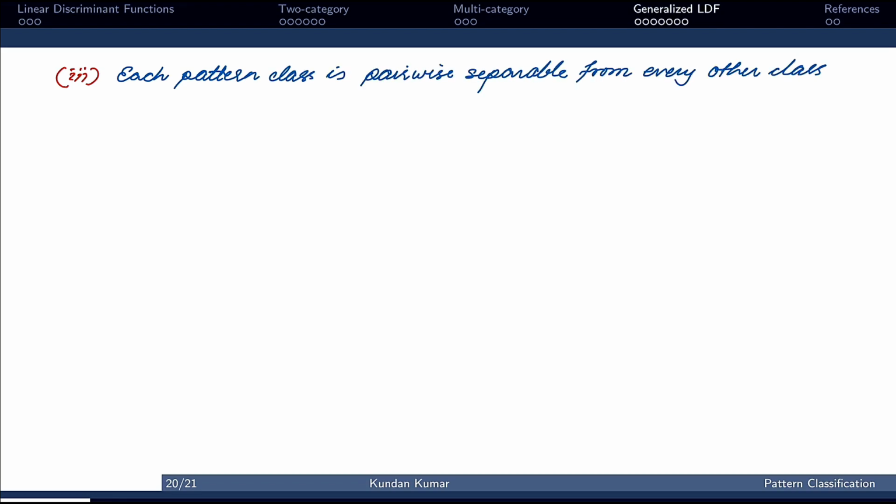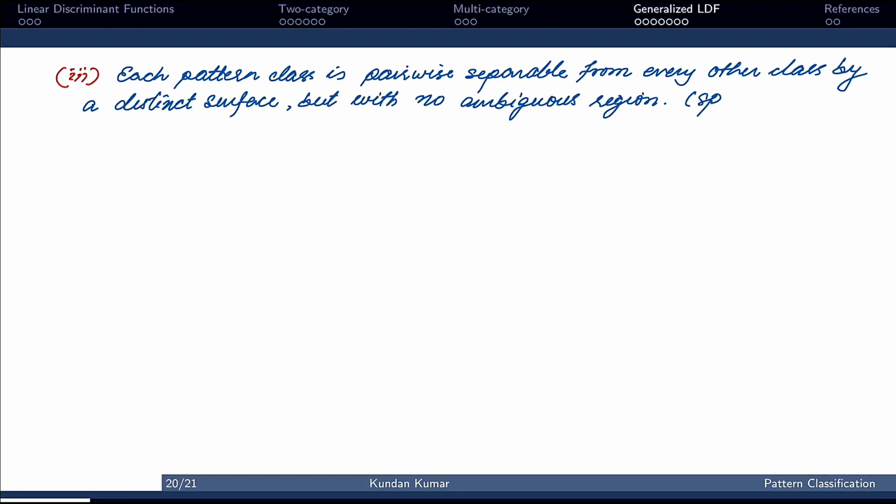and we have the third case. Try to understand this case using a pictorial representation.